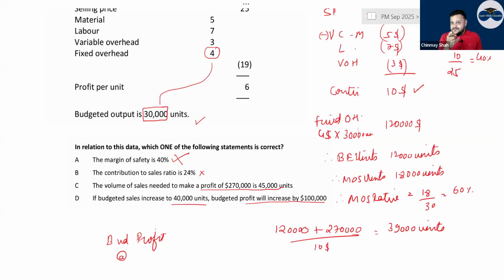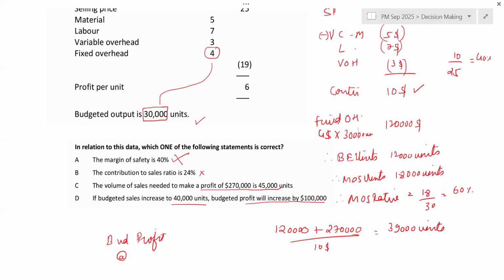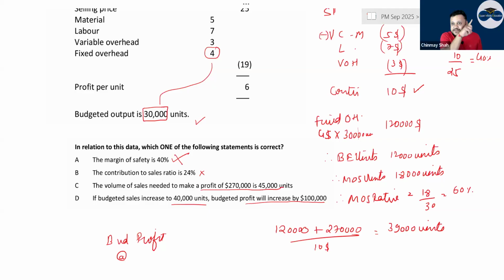Think about it. The statement we have written there, remember. Any units you add after the BEP units, whatever is the contribution, that only will be the profit. If you go by that logic, from 30,000 budgeted output to 40,000, how many units increase? 10,000.